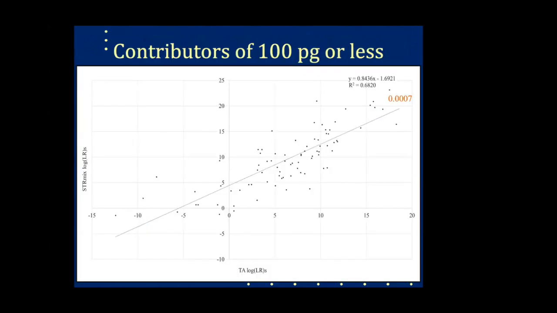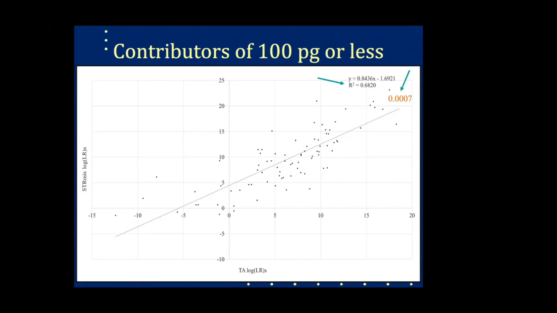However, on the next slide, when I parse out and compare just the log LRs for contributors of 100 picograms or less, again with the same setup, STRmix log LRs on the y-axis and TrueAllele on the x-axis, the R-squared drops to 68%, and the t-test clearly shows statistically significant differences.